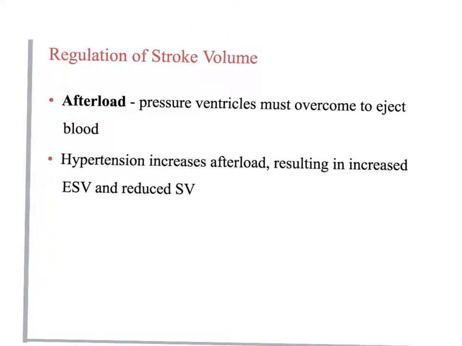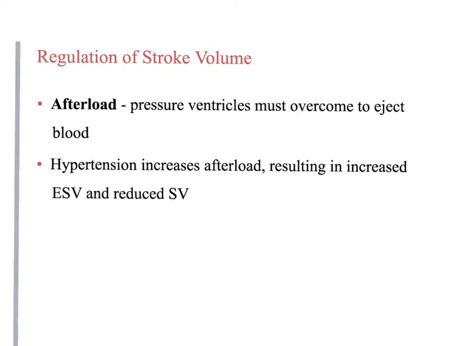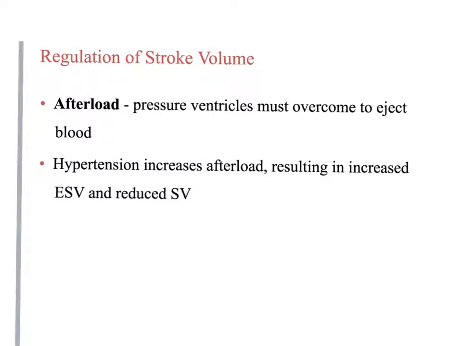So preload, contractility. Now afterload. Afterload refers to the pressure within the vessels that the heart is going to pump blood into, where the blood is going. That is the pressure that the ventricles have to work to overcome to push out the amount of blood that's within the ventricles.